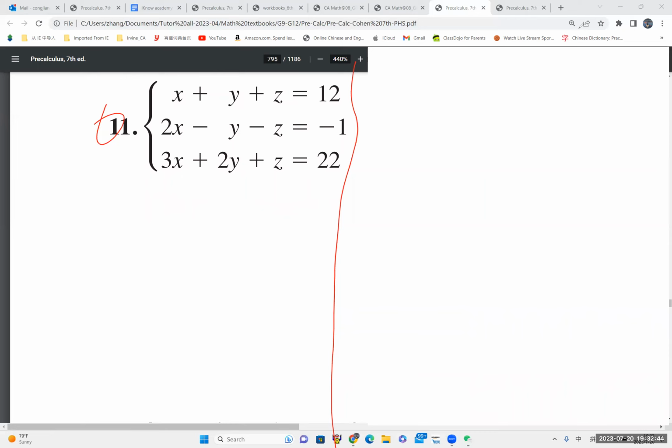Eliminate one variable. Let me say, for Ray, eliminate z. I write z here, which means you eliminate z. For Neil, you eliminate y. I write y here, which means you need to eliminate y. Then tell me what you can get.